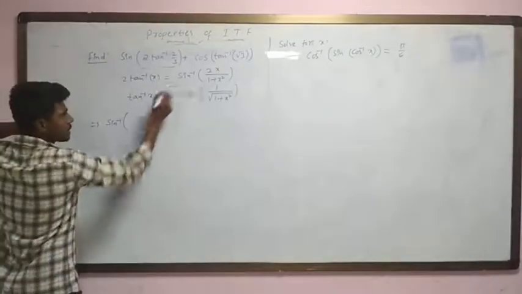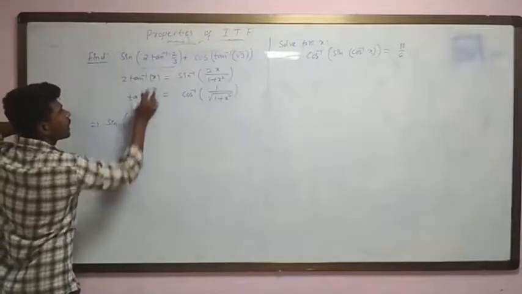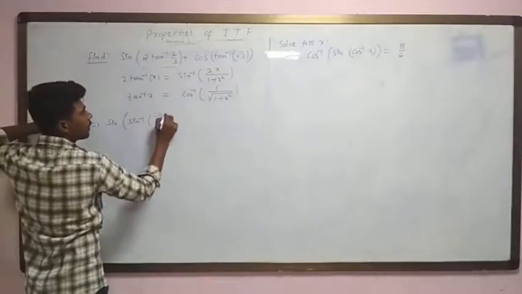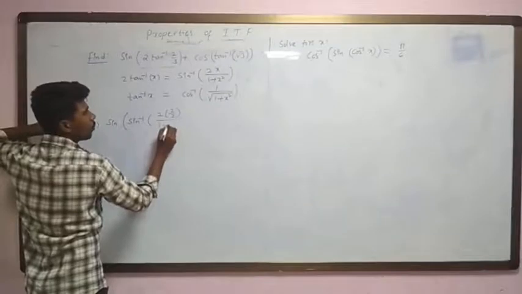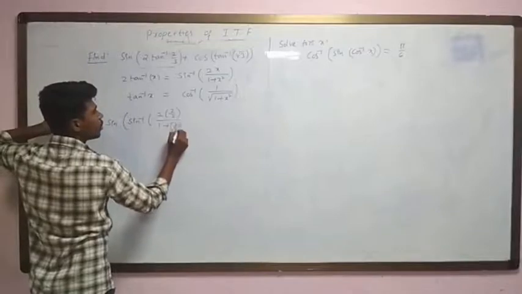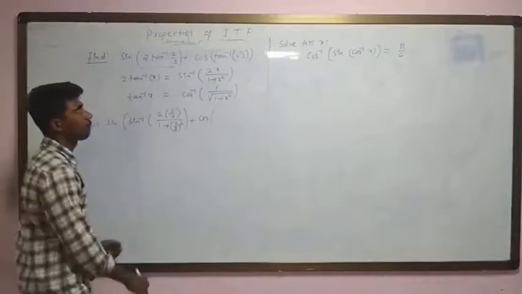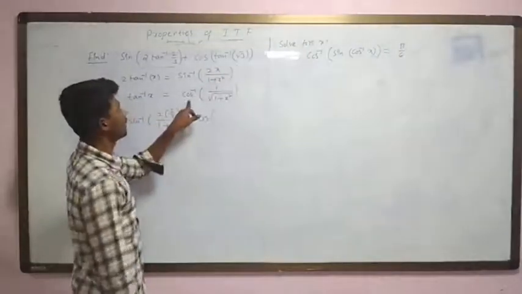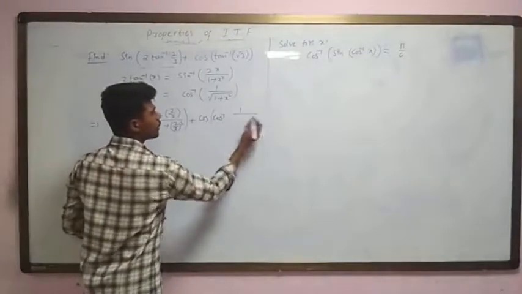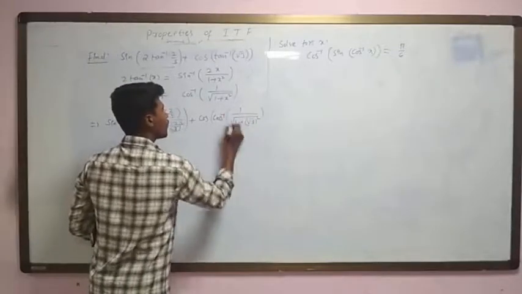I am rewriting this as sine inverse, in place of x we have 2 by 3, so 2 by 3 by 1 plus x square, which is 2 by 3 whole square, plus cos tan inverse of x can be written as cos inverse 1 by root 1 plus x square, so cos inverse 1 by root 1 plus root 3 whole square.